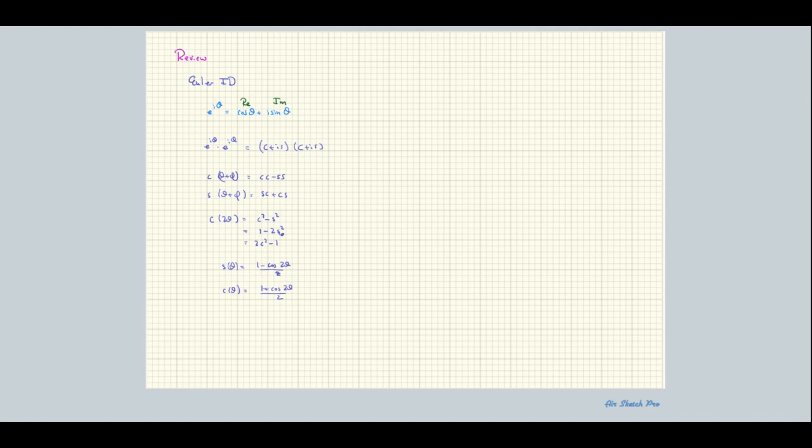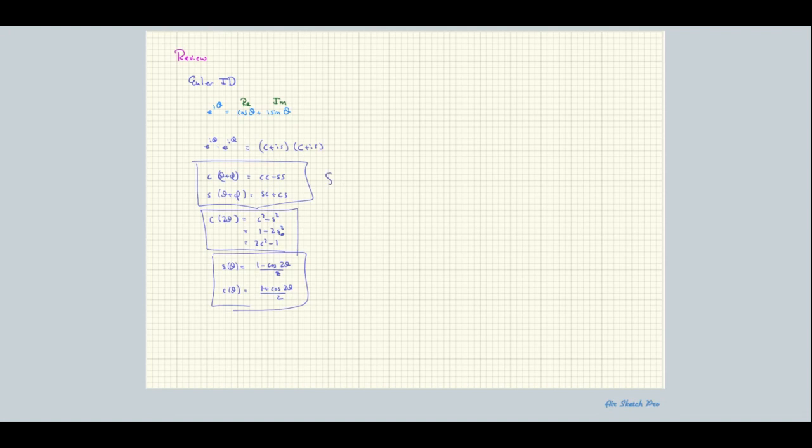So that's everything. These are the Euler identities. There's some difference just by replacing phi with negative phi. Here is the most important of the double angles, the cosine 2 theta. And from the cosine 2 theta, we get the half angles. Okay? So these are the three most important.